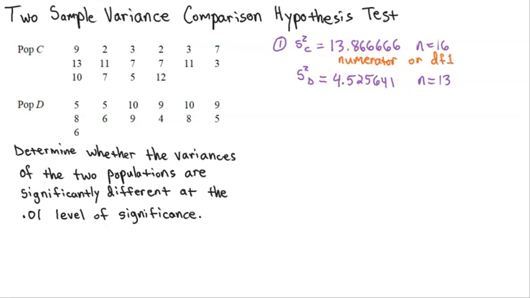The smaller one we're going to call the denominator, or df2. Okay, so that's step two.